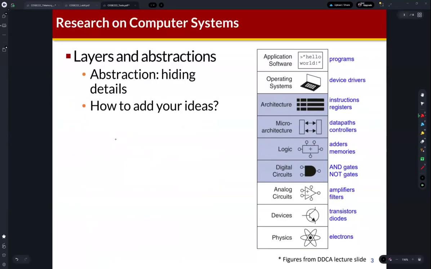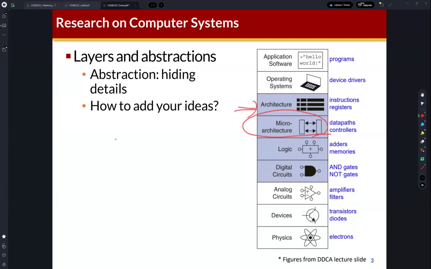I showed this figure in the first class of this course, right? A computer system is composed of many layers, and we learned that we just focus on a certain layer for our study. We are learning about the microarchitecture and architecture level.